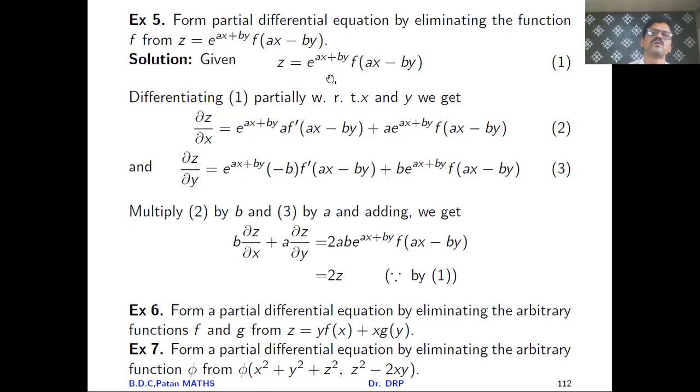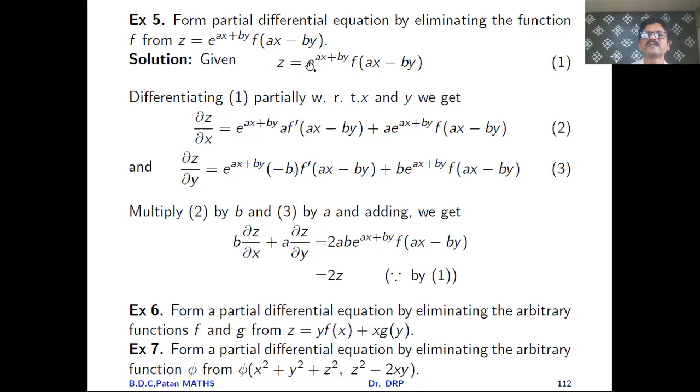So what we have to do: while differentiating z partially with respect to x, you keep y constant, and while differentiating z partially with respect to y, you keep x constant. But if you observe the right hand side, x is present in this exponential function as well as in this function f.